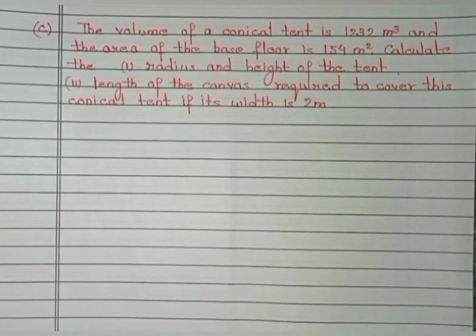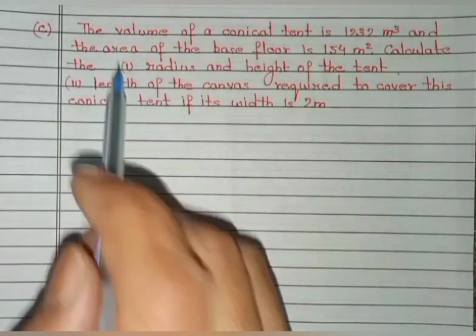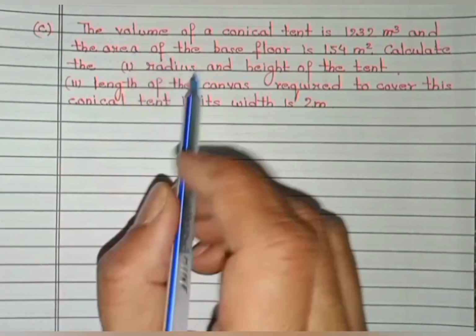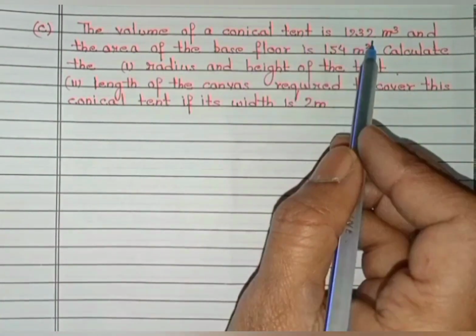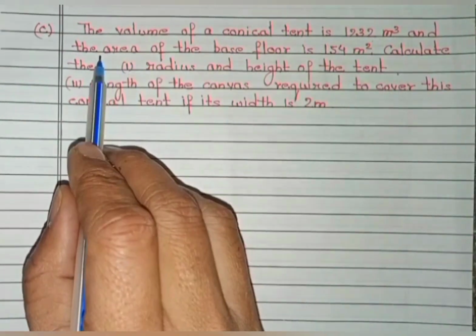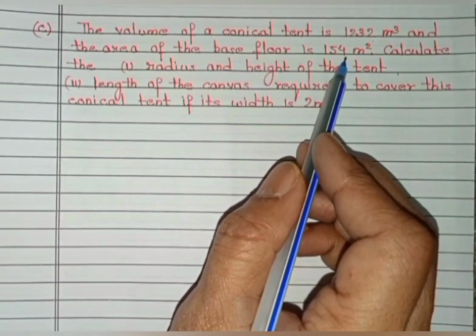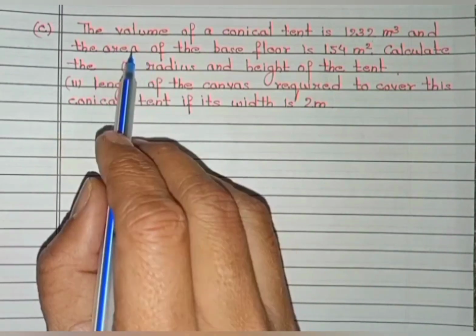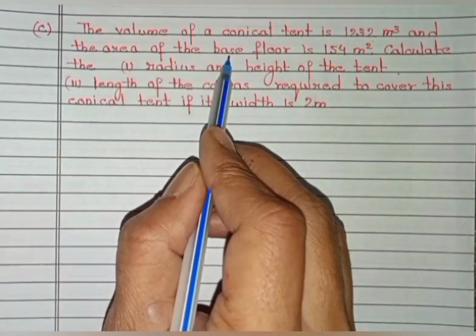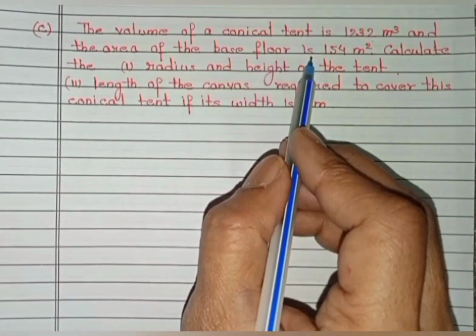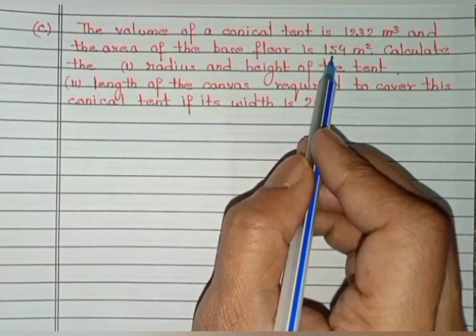So in this question they say the volume of a conical tent is given to us and the area of the base floor is 154. Now remember that the base floor of a conical tent is always a circle.